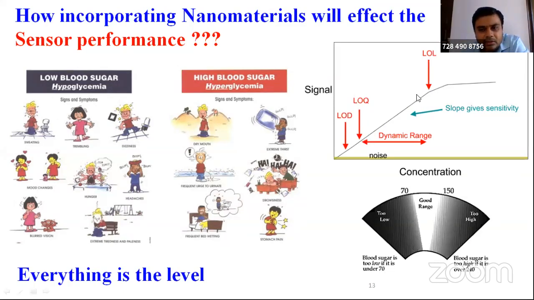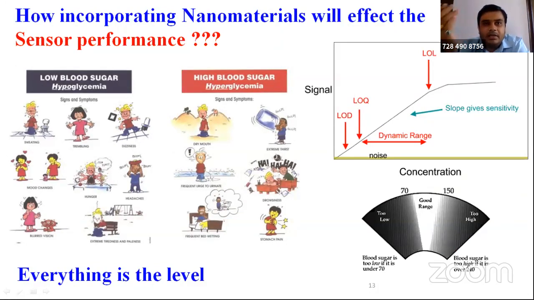And these are other terminologies, for example LOQ or LOD. LOQ is the limit of quantification. LOD is the limit of detection. These are the analytical performance values. And LOL is basically the limit of linearity. It means the maximum limit at which the sensor is able to detect the molecules.